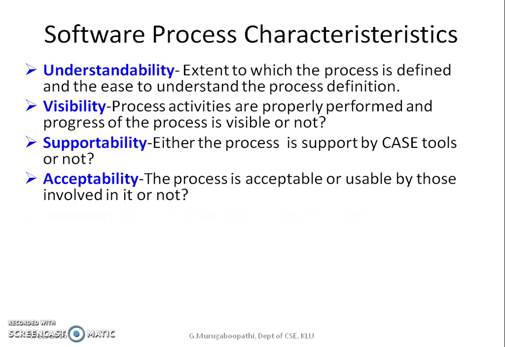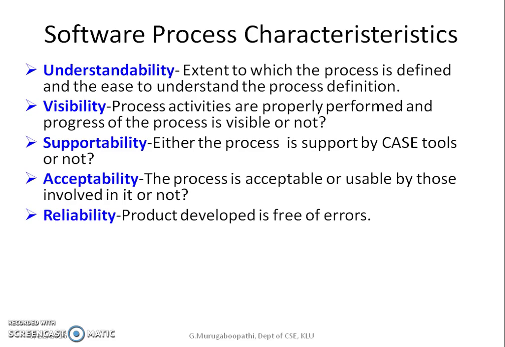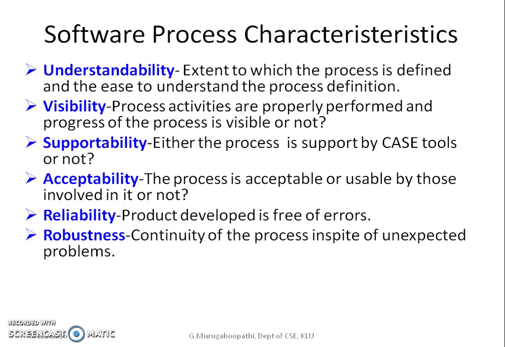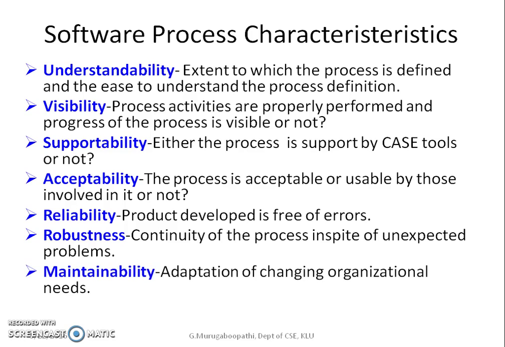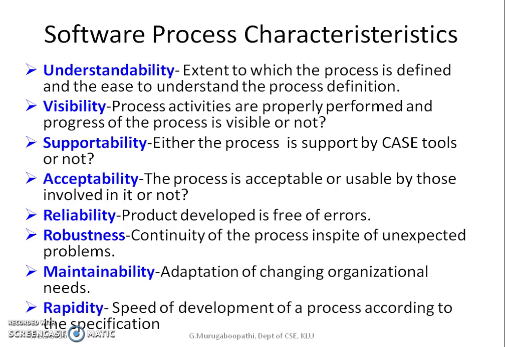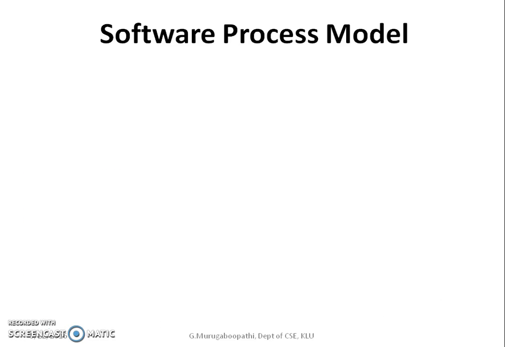Reliability means the product developed is free of errors. Robustness is the continuity of the process in spite of unexpected problems. Maintainability is adaptation to changing organizational needs. Rapidity is the speed of development of a process according to the specification.